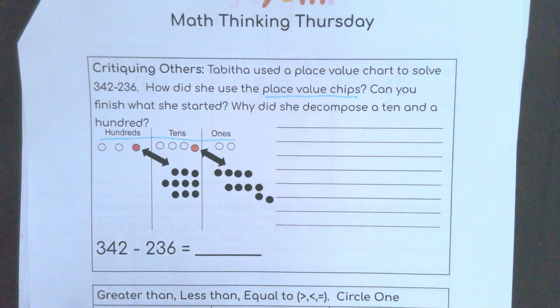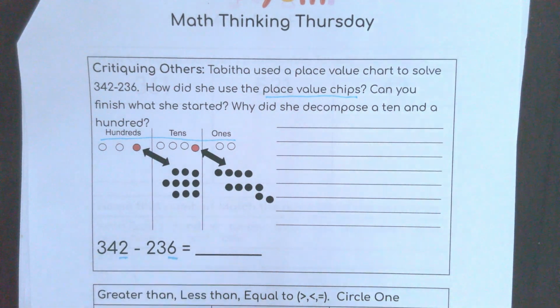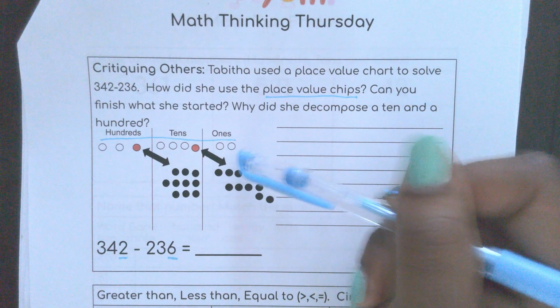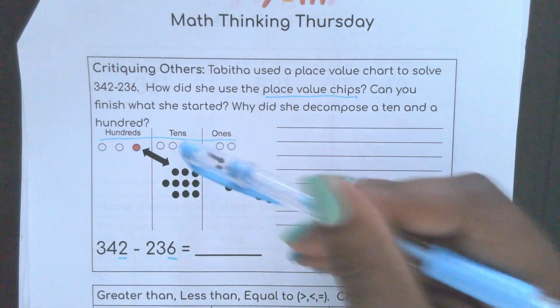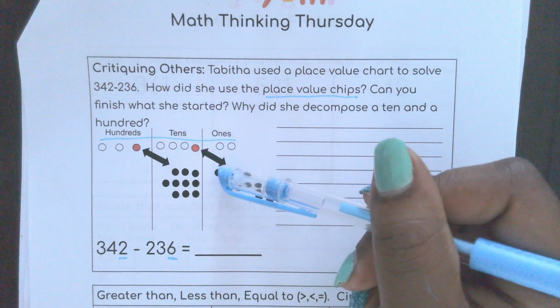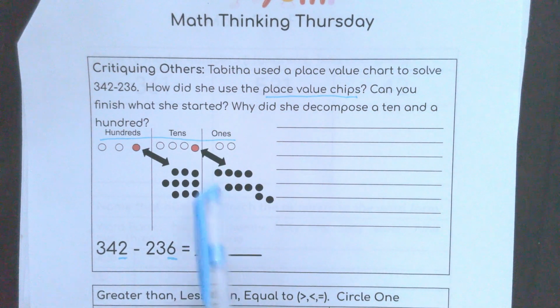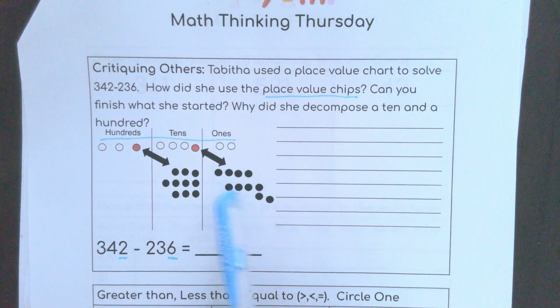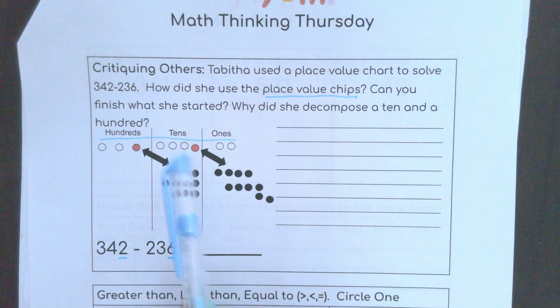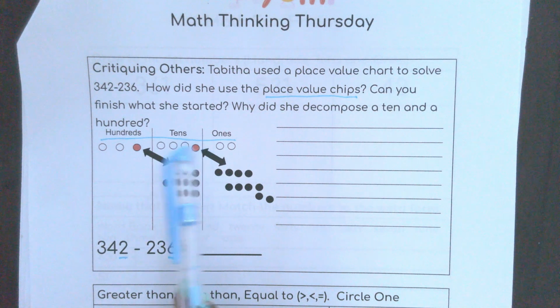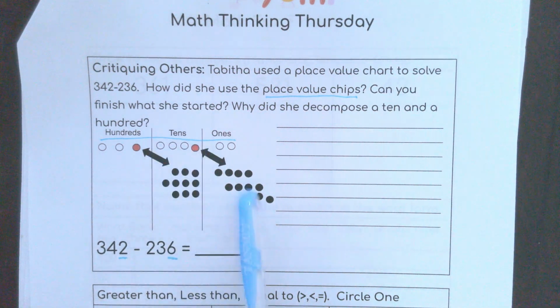See how there's 2 in the ones place here and 6 in the ones place here? But she didn't have enough to subtract 6. So she moved one of the tens here and broke it up. 1, 2, 3, 4, 5, 6, 7, 8, 9, 10. She took one of these chips that represents a 10 and moved it over here. So she would have enough to subtract.